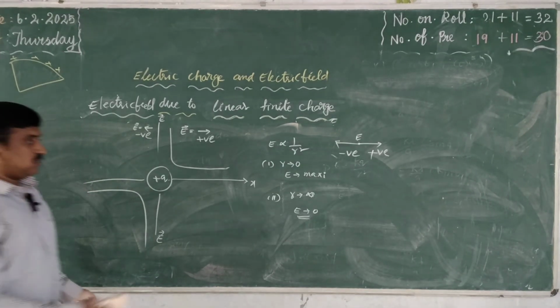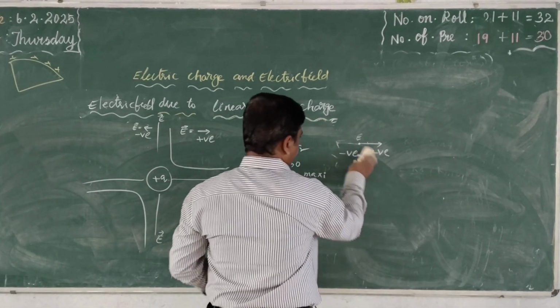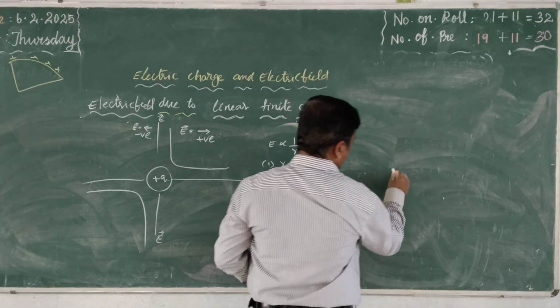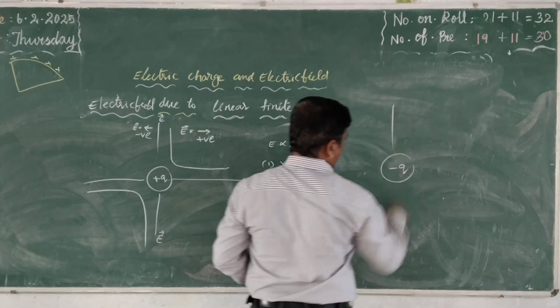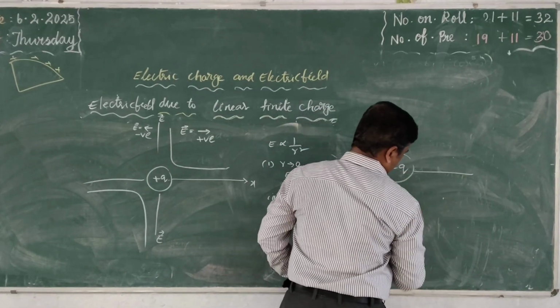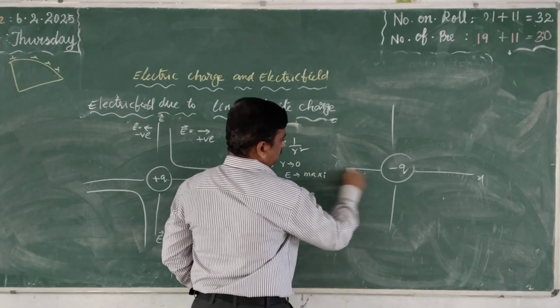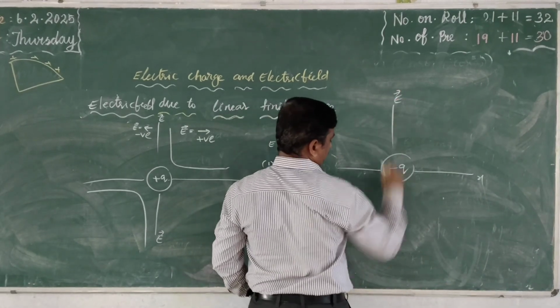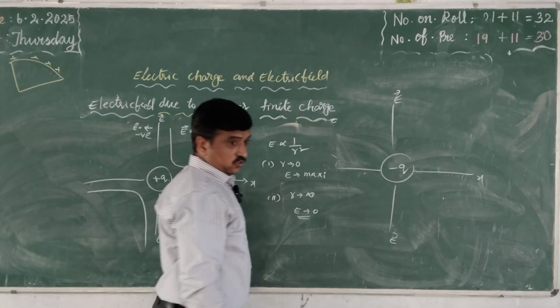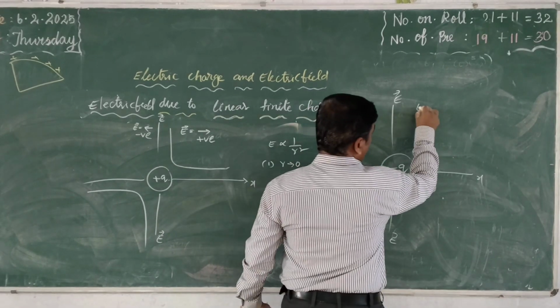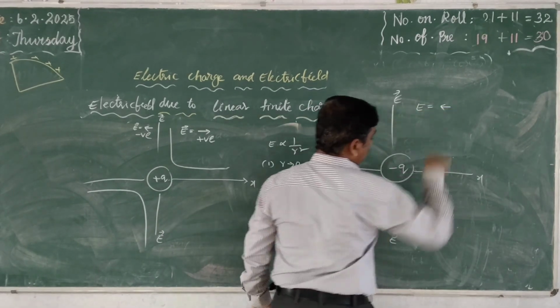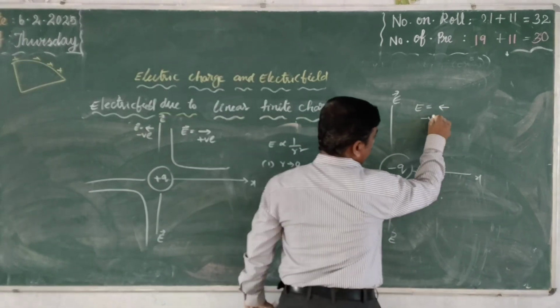Now for example we take a minus Q charge. Electric field along the x axis, distance on the x axis. For minus Q, the electric field is towards the charge, so towards the charge on the right side means negative.